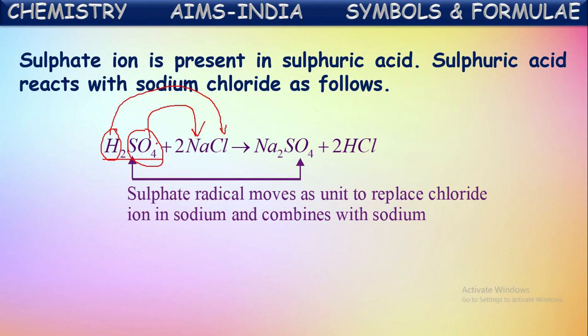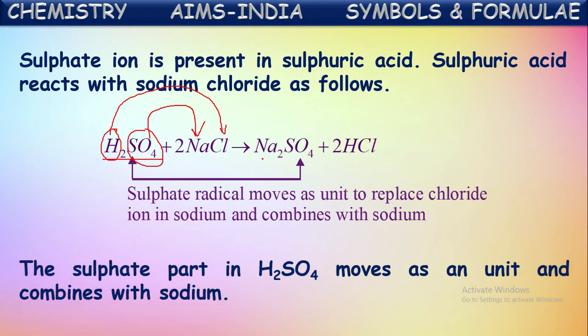Now, this sulfate ion reacts with sodium. The sulfate radical moves as one unit and replaces chlorine from sodium chloride and combines with sodium to form sodium sulfate. Here the point to remember is the sulfate part, SO4 minus 2 in H2SO4, moves as one unit and combines with sodium.